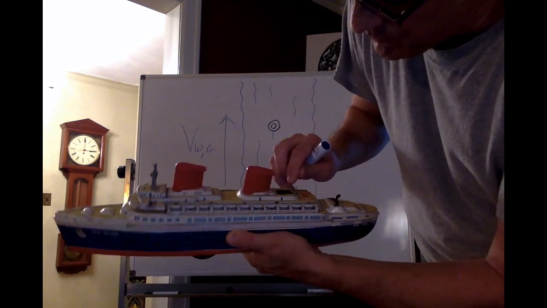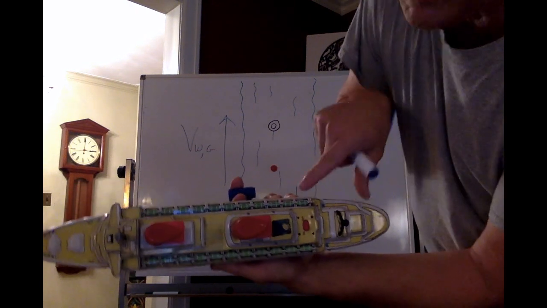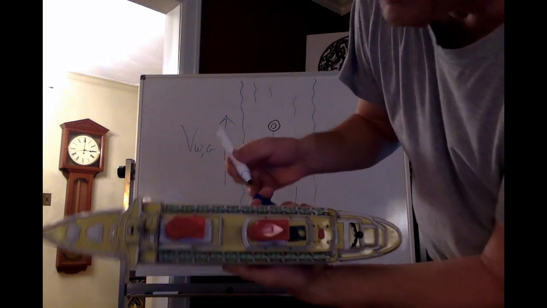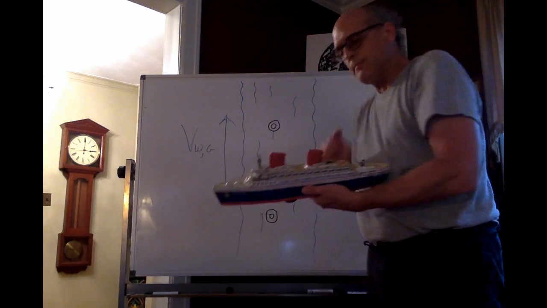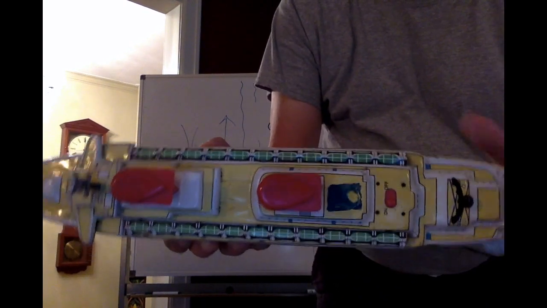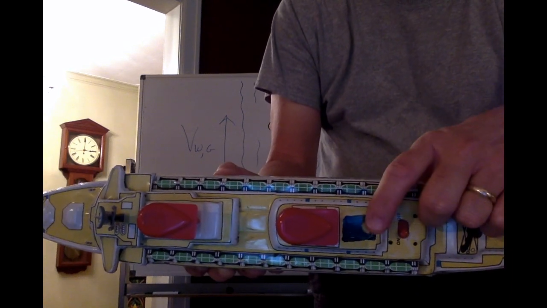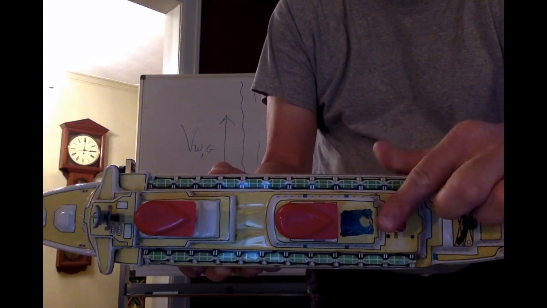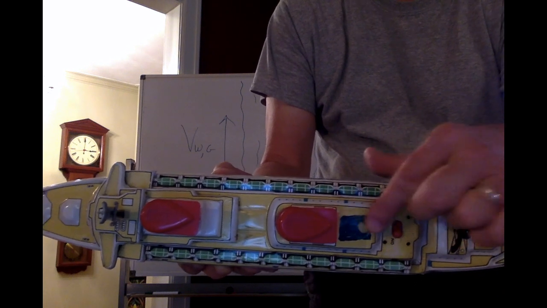All right, and we have someone in the pool. So I'll just put a little white dot there representing the top of the person's head. And make believe you're on board that ship, okay? And let's say you're standing alongside the pool, and this person's doing laps, okay? So this person swims to there and then back again.